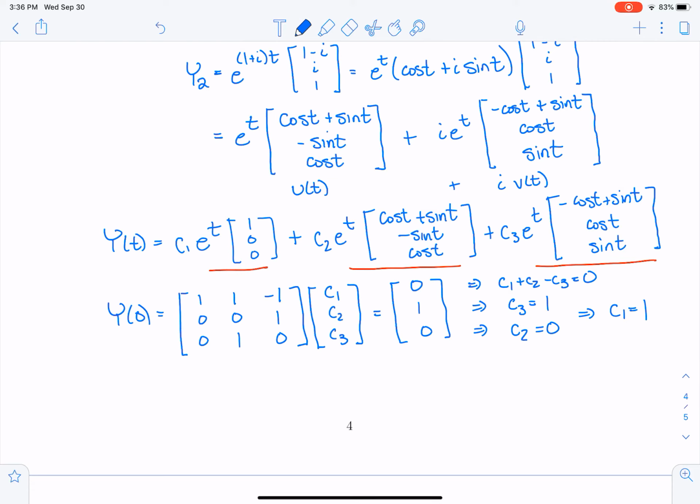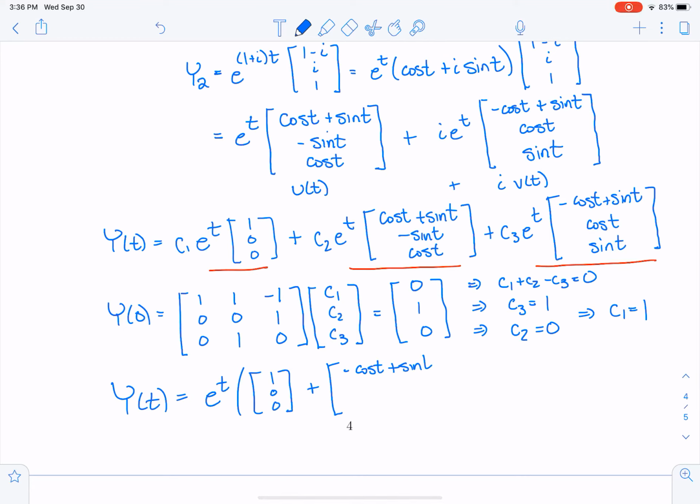And so y of t, if we combine all of these things, is going to be e to the t times, well, I get 1 of the vector 1, 0, 0, and then 1 of the solution negative cosine t plus sine t, cosine t, sine t.